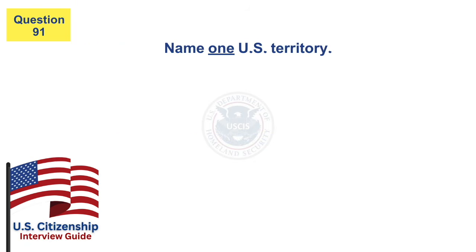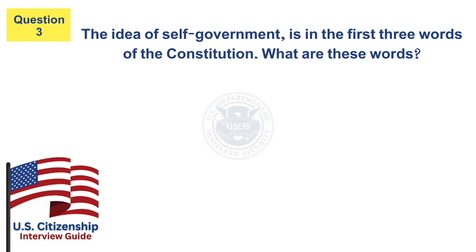Name one U.S. territory. Guam. The idea of self-government is in the first three words of the Constitution. What are these words?